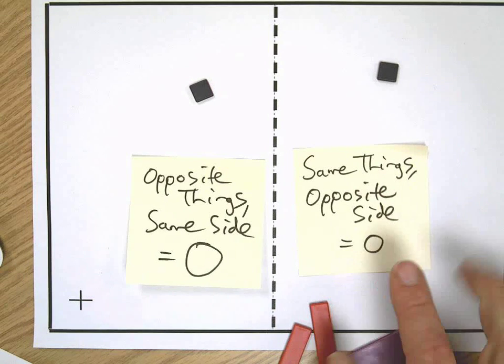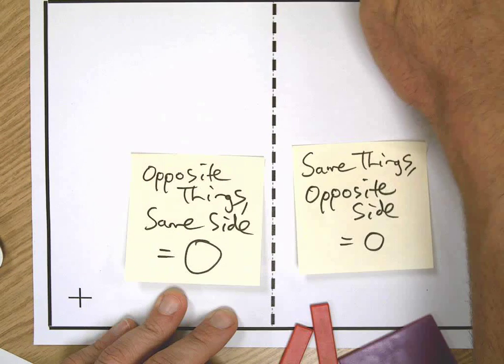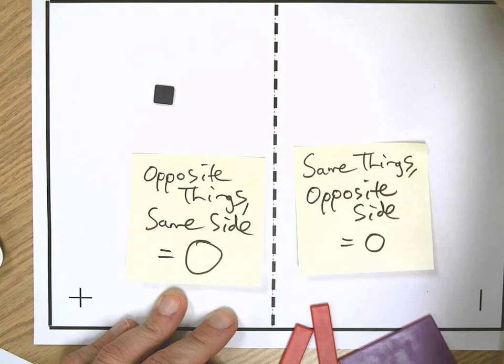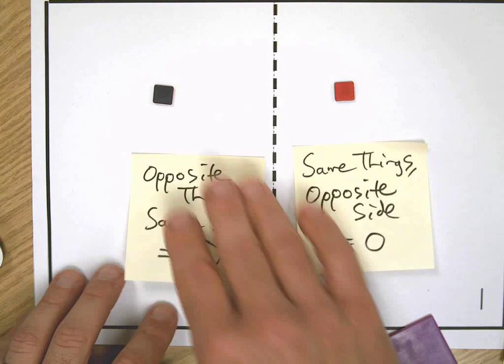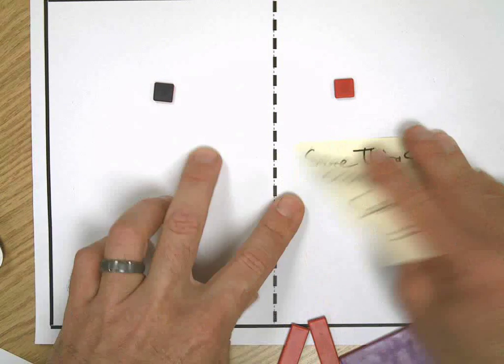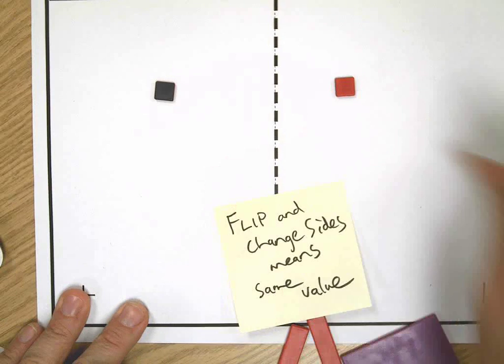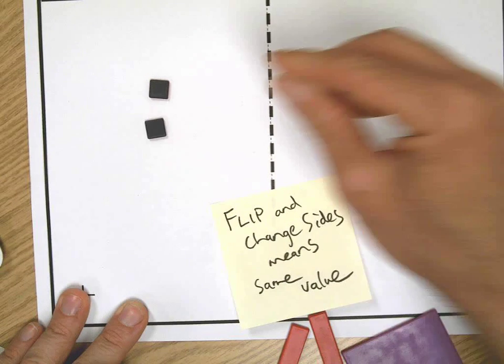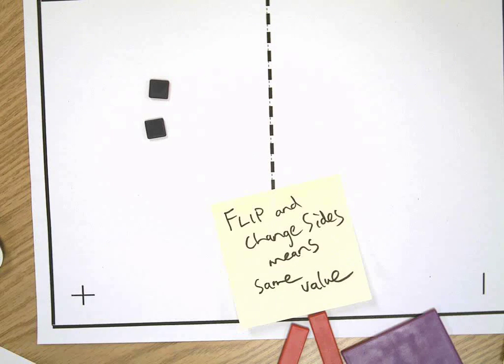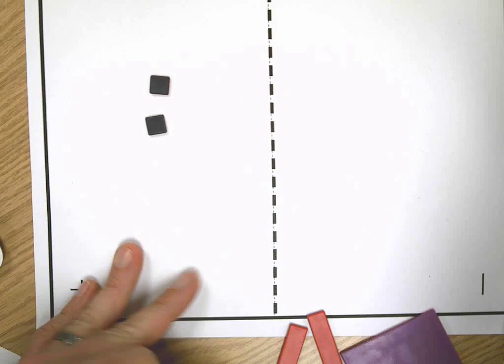No. Is this same things on the opposite side? Yes. So it's a 0. So what do you do if it's opposite things on the opposite side? You do this. You flip and change sides.